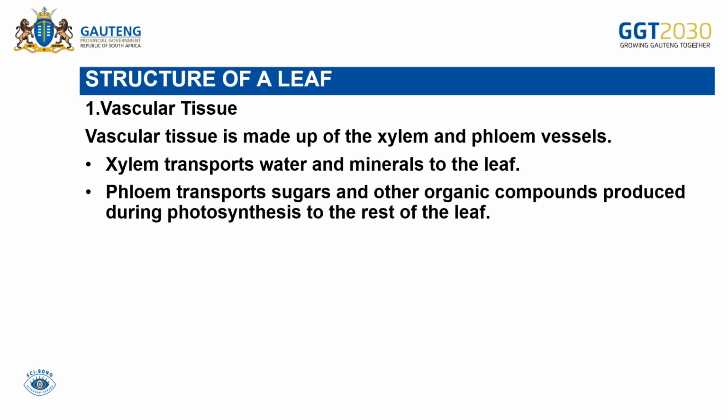And when food has been manufactured, when sugars and organic compounds have been produced, they will be transported through the phloem to other parts of the plant, because they also need energy to perform other processes within the plant.